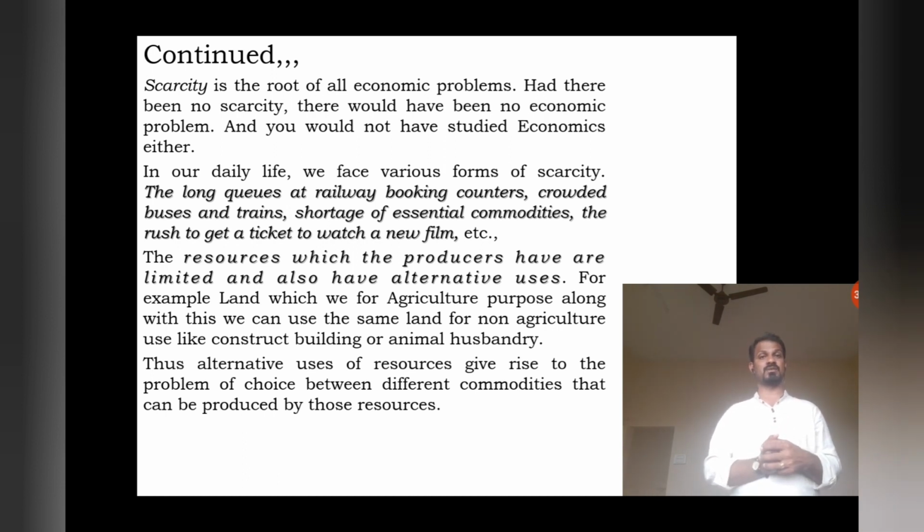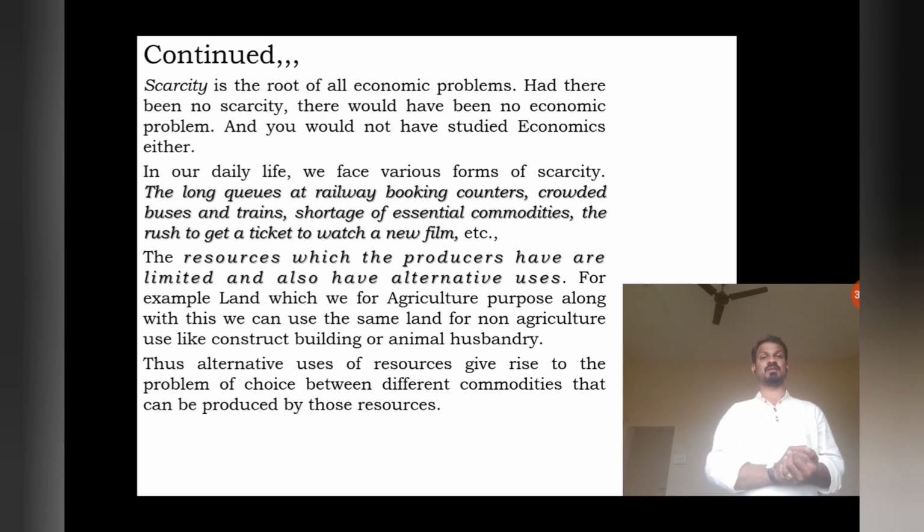The resources which the producers have are limited. Why are we facing this kind of problem? Because the resources we have are, firstly, scarce. Along with that, these limited resources can be used for alternative purposes. For example, take land, which we use for agriculture.